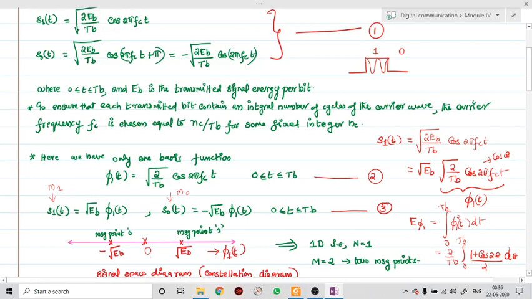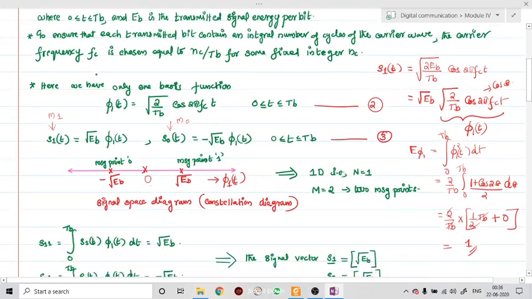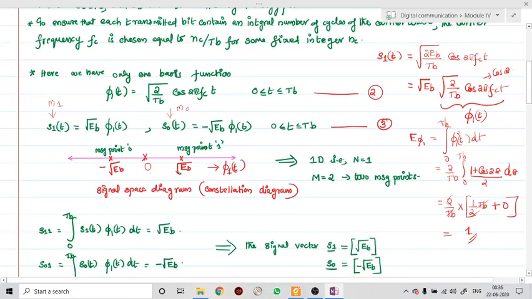So this is equal to root Eb times phi 1, and what comes with phi 1 is actually S11. Similarly, you can find S01, which is minus root Eb.